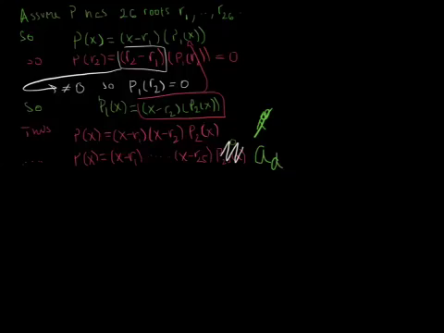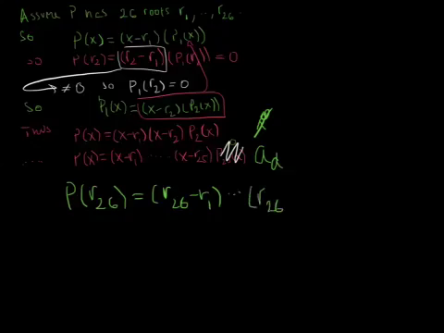So what will happen when we plug in the next root? Well, if I plug in r sub 26, now I'm going to have r sub 26 minus r sub 1 times all of these different factors with r sub 26 plugged in, times this coefficient here, and this is supposed to equal 0, right?